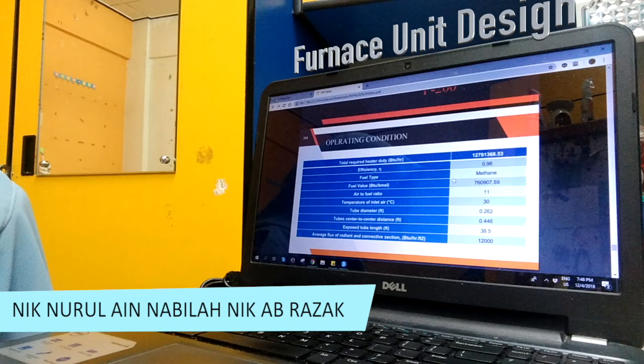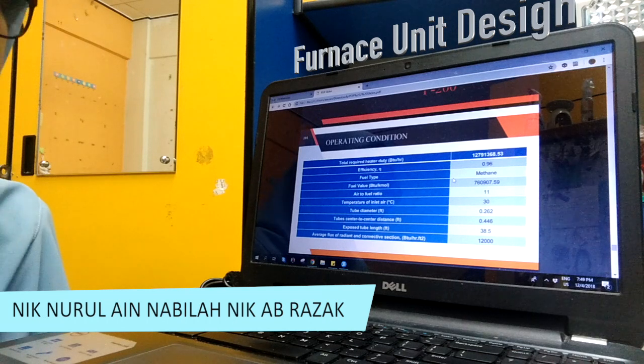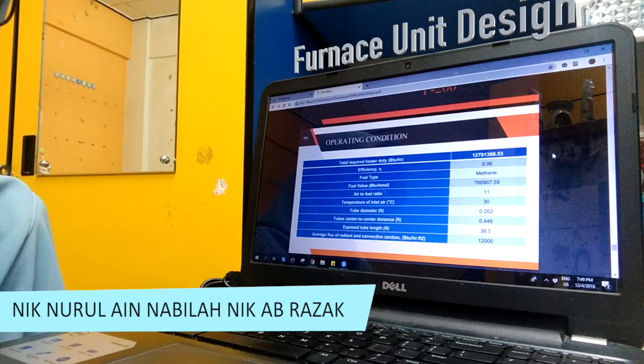However, the fuel that we get from our plant is not sufficient to be supplied as fuel in the furnace, because we only produce about 5,000 benzene per year, while we need more than that. Hence we have to use another fuel, methane, which is a bit cheaper than benzene, as a fuel for our furnace.